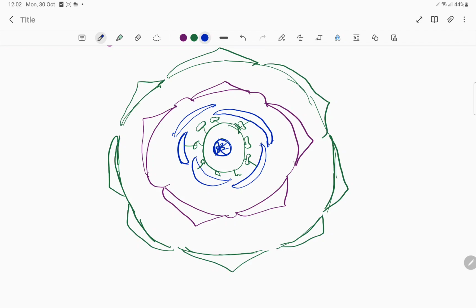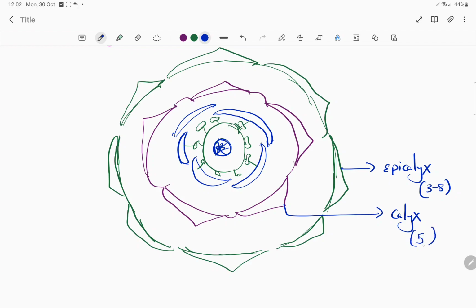If you see here, this is the epicalyx, and this is the calyx. Epicalyx is 3 to 8, formed by the whorl-like bracteoles. Calyx is 5 and all the 5 are fused. Corolla is 5 and not fused, and we have twisted aestivation.